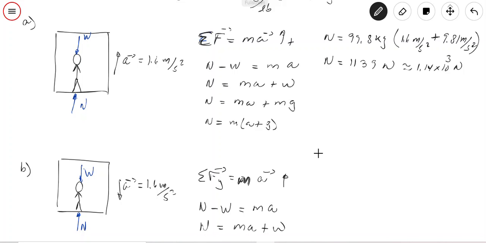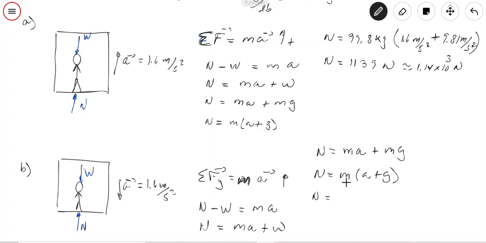So the normal force is mass times acceleration plus mass times gravity. Normal force is mass times acceleration plus gravity. But now we have that this part is negative because acceleration points downward.